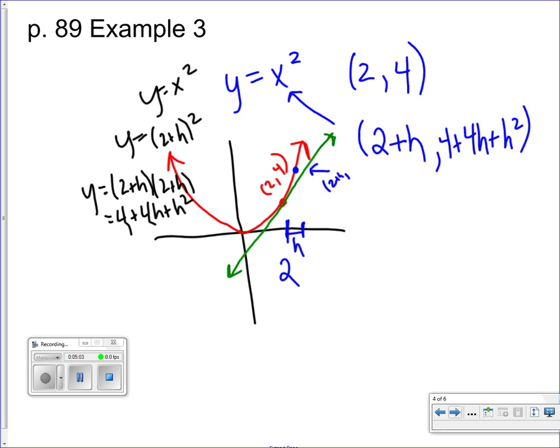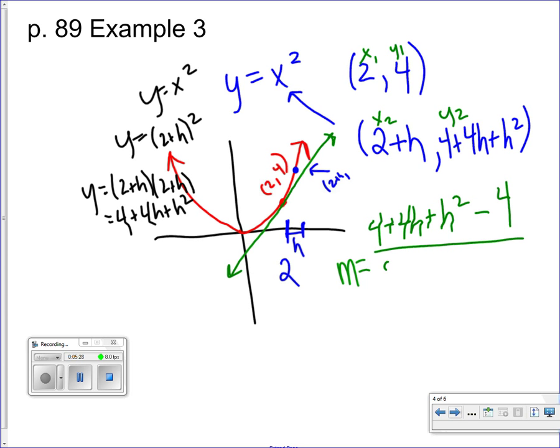So now I have these 2 points that are really close to each other. They're h apart on the x-axis. Now I'm going to use my slope formula, where if this is x1, y1, this is x2, y2. So the slope is y2 minus y1 all over x2 minus x1.